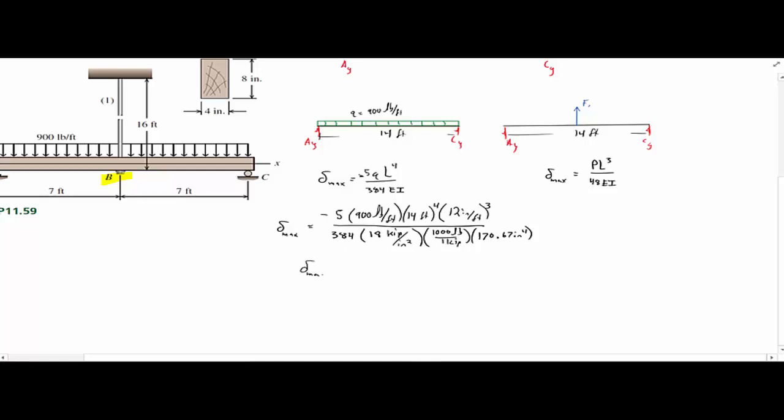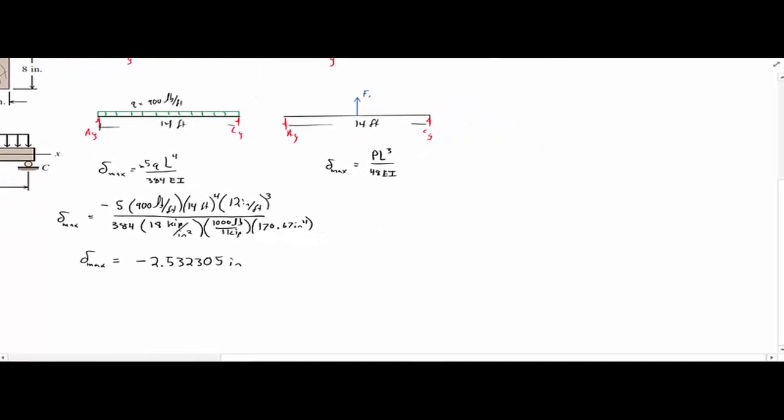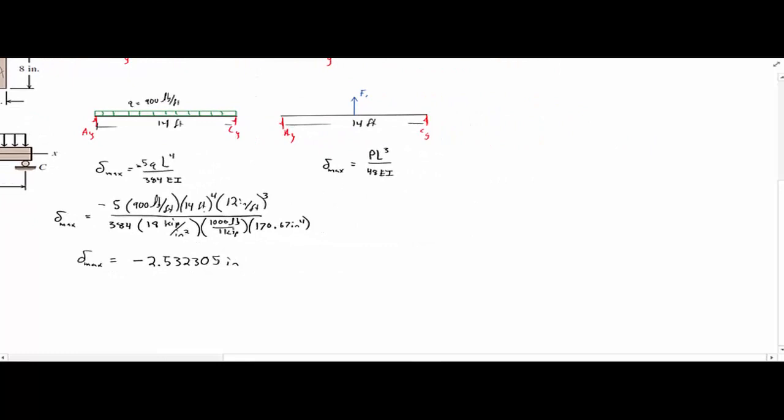Max deflection due to the distributive load is then going to equal negative 2.532305 inches. Okay? And so now let's do the same thing that we did with the distributive load with the point load.